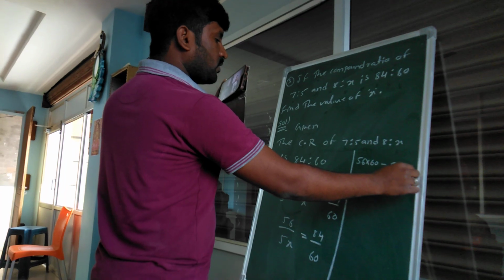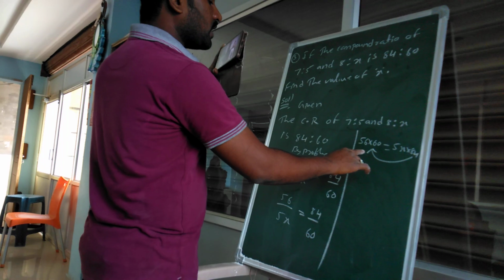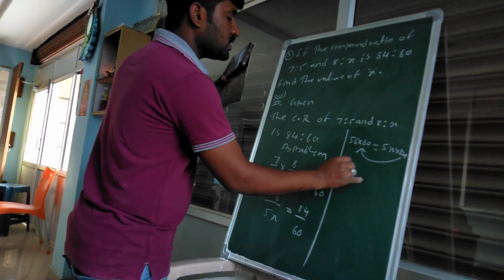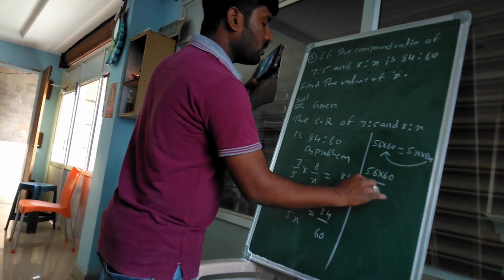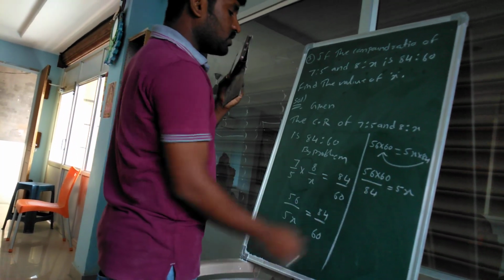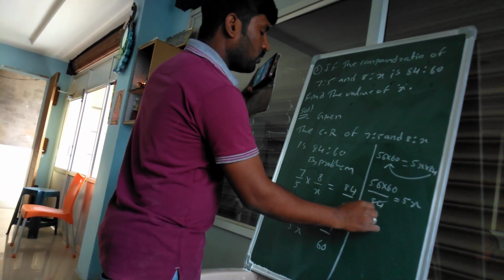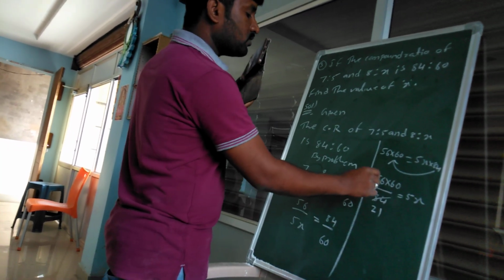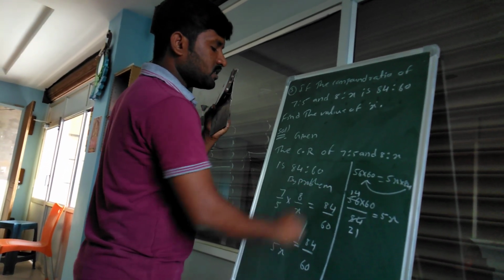Now 84 is transposing to the LHS. Then the multiplication quantity becomes what? Division quantity. That is, 56 into 60 by 84 is equal to 5x. Do the cancellation. Okay, I am using the 4 table: 4 21s are 84, 4 14s are 56.